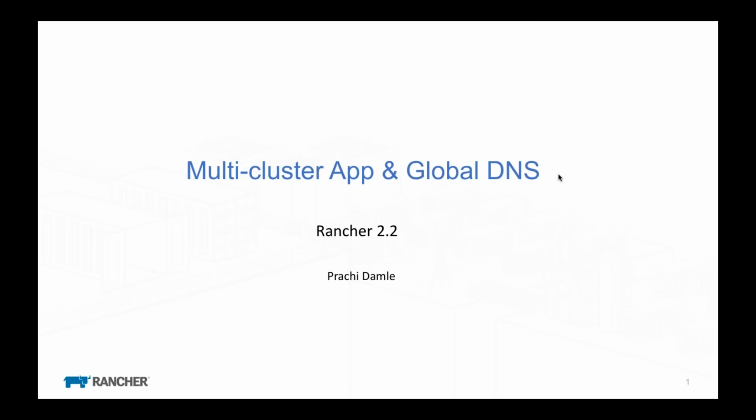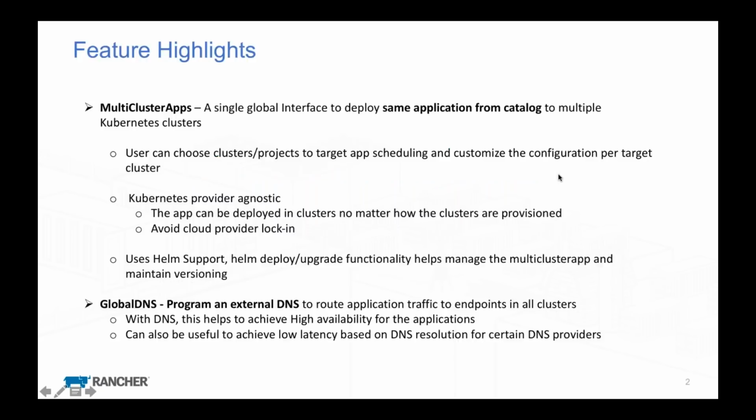Okay. Hi everyone, I'll be covering the MultiCluster App and global DNS features that are introduced in Rancher 2.2. So to start with, I'll go with the feature highlights. For MultiCluster App, the feature is providing a single global interface to deploy the same application from a catalog to multiple Kubernetes clusters.